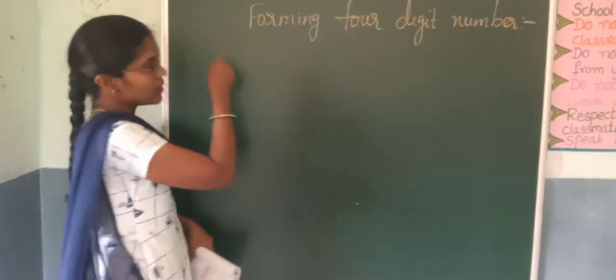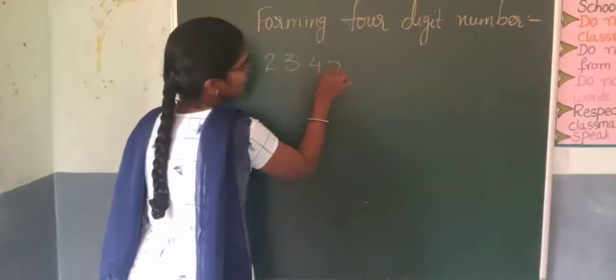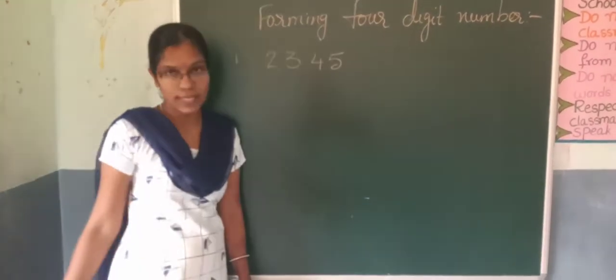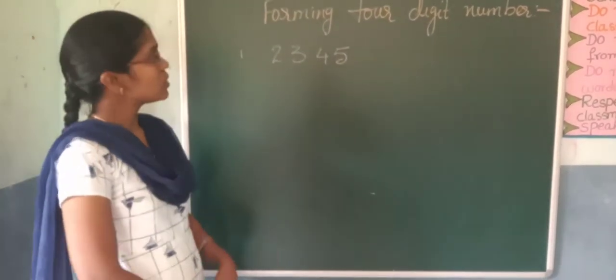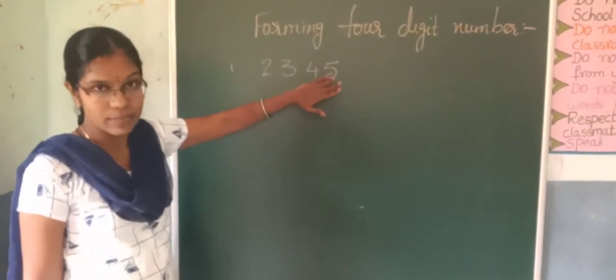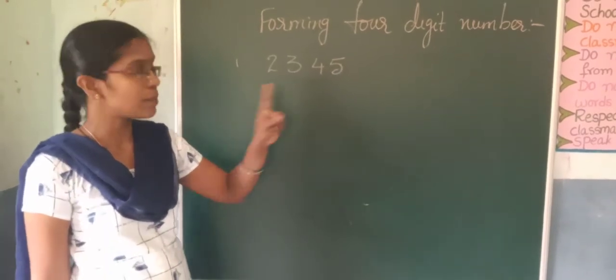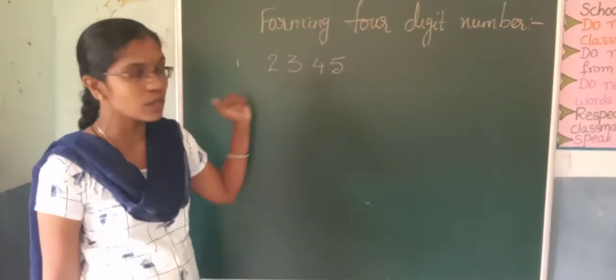So suppose you have a number, suppose he has given a number for you, 2345. So see here, first of all you have to mention the place values, then you can identify it very easily. When you are writing the place value, you have to come from left to right.